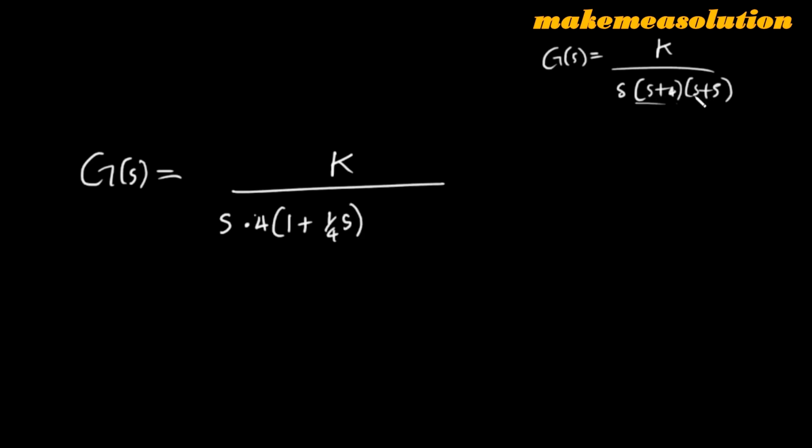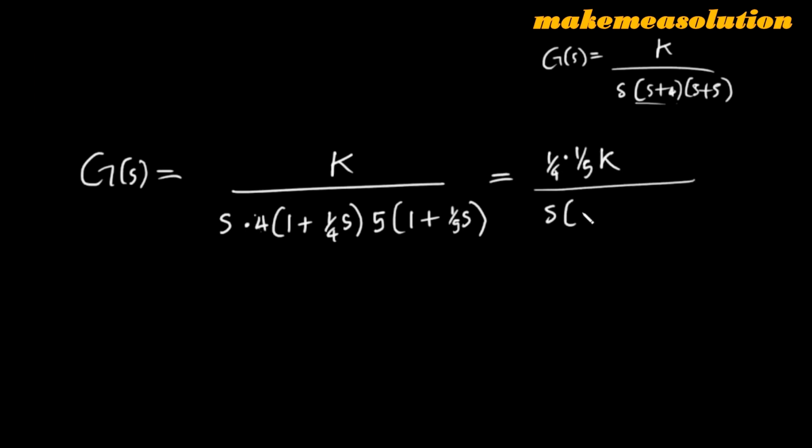Is that okay? And you do the same thing on this bracket. You factor out 5, then you have 1 plus 1 over 5 s. So this translates, moving all these numbers to the numerator, giving me 1 over 4 into 1 over 5 K all over s into (1 plus 0.25 s) and (1 plus 0.2 s).